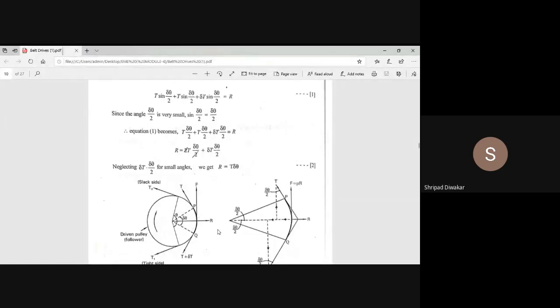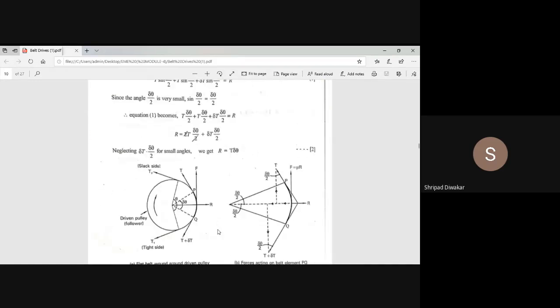Next, these are the forces. Whenever the system is in equilibrium, there are 4 forces acting. The first one is T, the tension acting on the slack side of the belt.